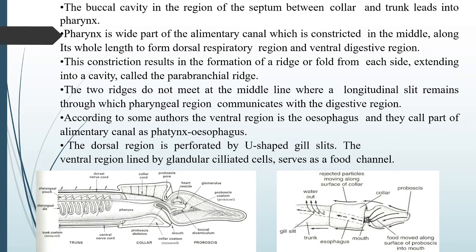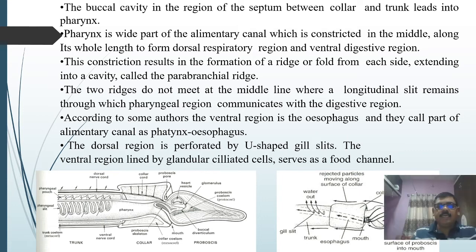The two ridges do not meet at the middle, where a longitudinal slit remains, through which the pharyngeal region communicates with the digestive region. This is the pharyngeal region, and after that it communicates with the digestive region, like this.